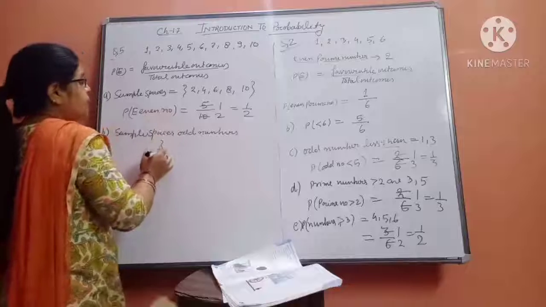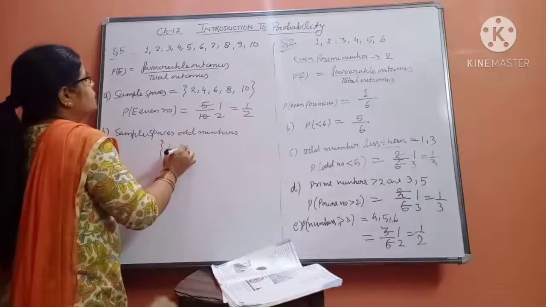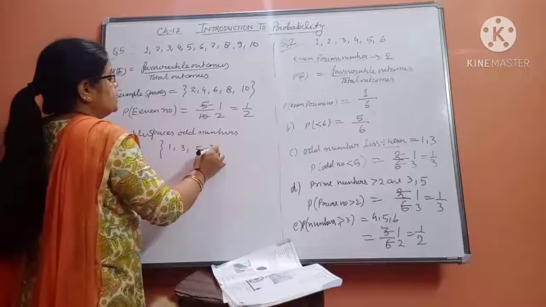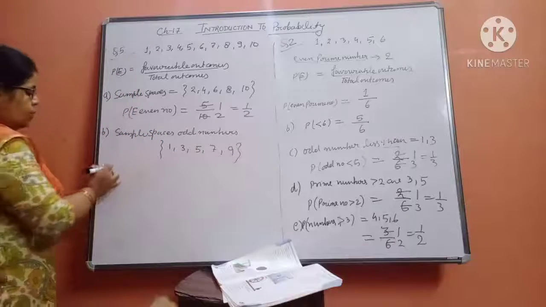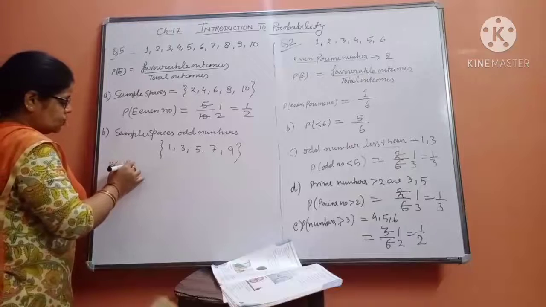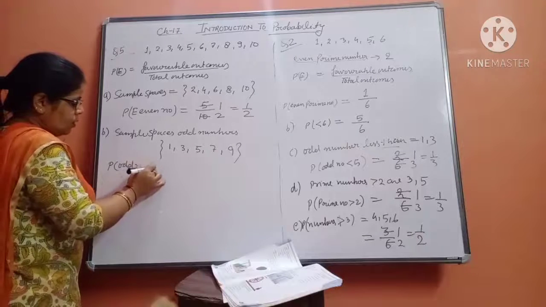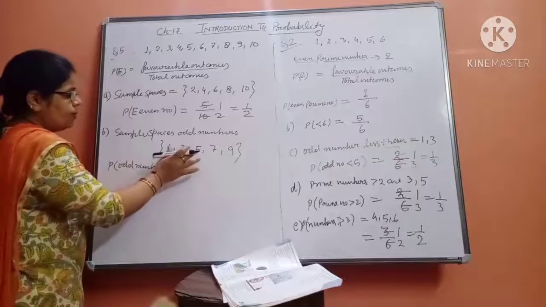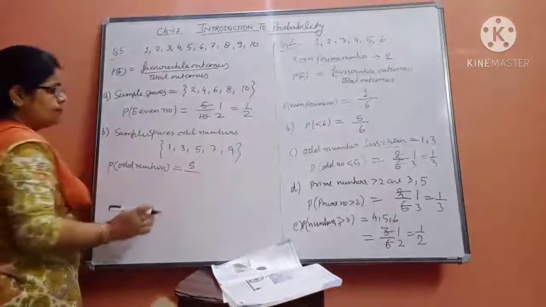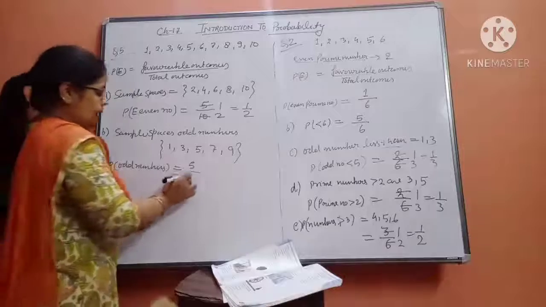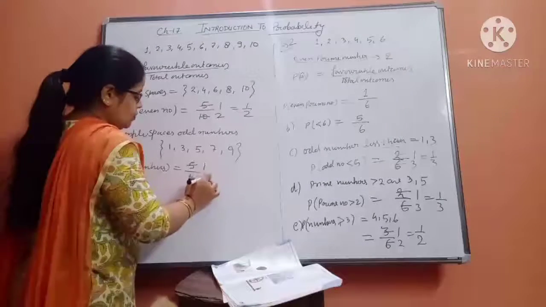I am writing them: 1, 3, 5, 7 and 9. So probability of odd numbers is favorable outcomes 5 upon total 10. So its probability is also 1 upon 2.